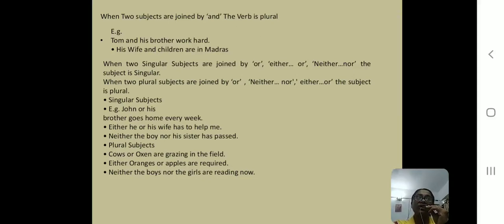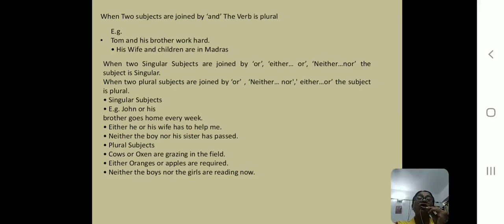First, let us see what this statement means. Singular subjects, like John or his brother goes home every week. Here you can see that there are two singular subjects, John and his brother. John is singular, his brother is also singular, and that's why I have used here the singular verb.